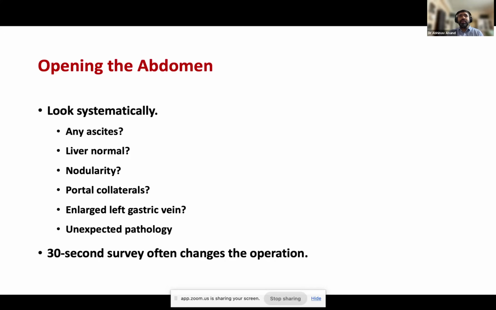If the patient has presented with jaundice and has undergone multiple ERCP stentings, in those cases I would also like to consider doing an MRCP before taking the patient on table. MRCP would help me have some idea whether the patient is having a cholangiopathy due to compression from the portal vein or it is an ischemic stricture. So all these things from the imaging help us to plan the surgery well.